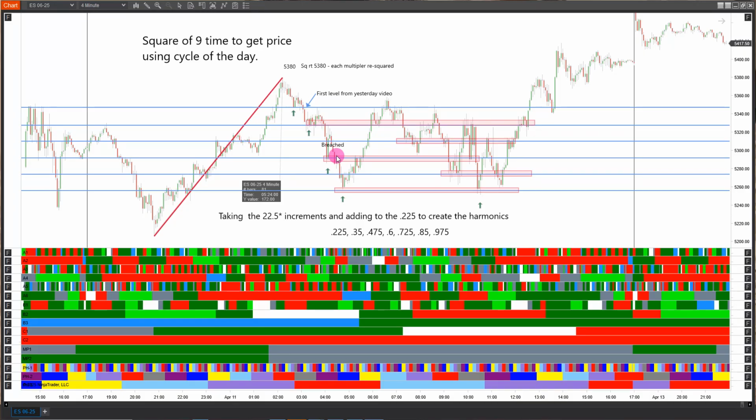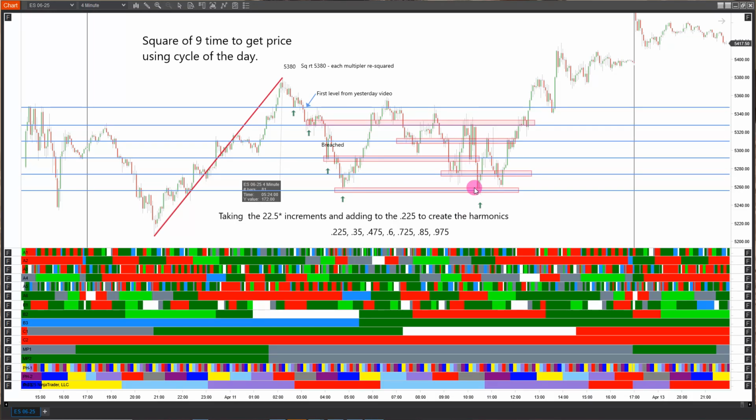came back down, went through the next level right down to the last level I have plotted, which was the low. So that one just missed hitting that low. And then you can see down the road, even the one that was breached became significant support here.